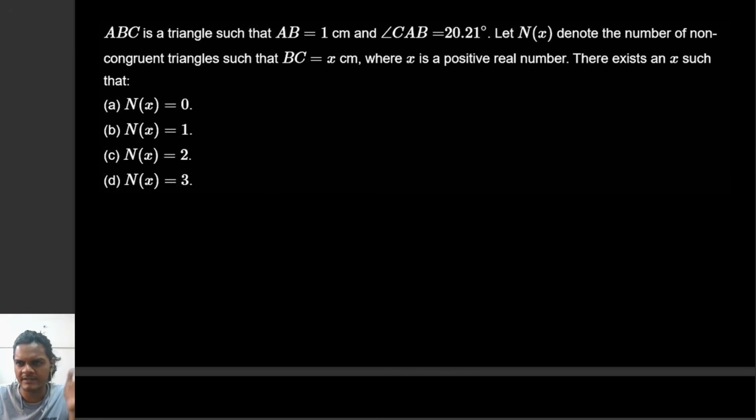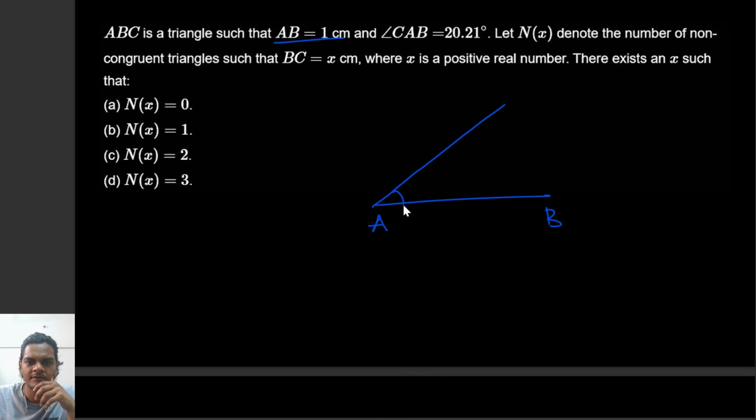I hope you have paused and tried it for yourself once. ABC is a triangle such that AB is 1. So let's try to draw that. AB is 1. CAB is 20 point something degrees. So I suppose that would be something like this. 20.21 degrees.